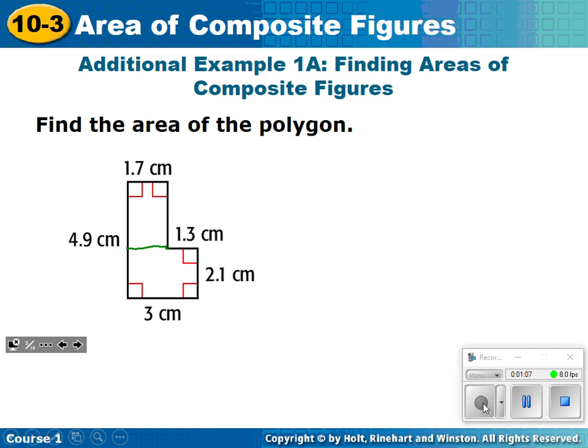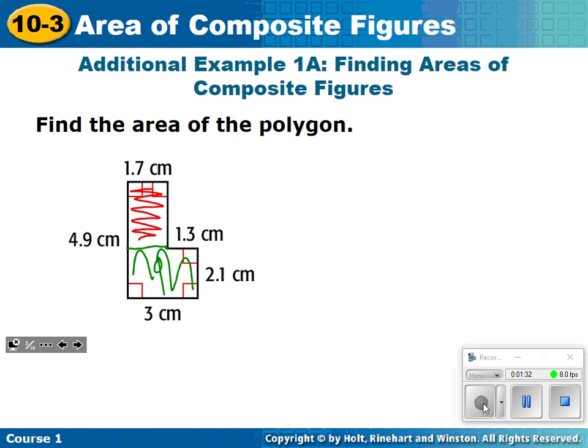So let's find the area of, first of all, we have this rectangle in green, and we have this rectangle in red. How do you find the area of a rectangle? Length times width. Okay? So the rectangle in green.